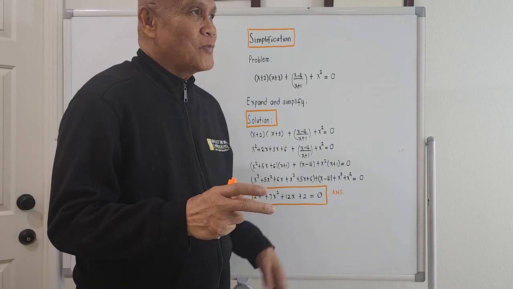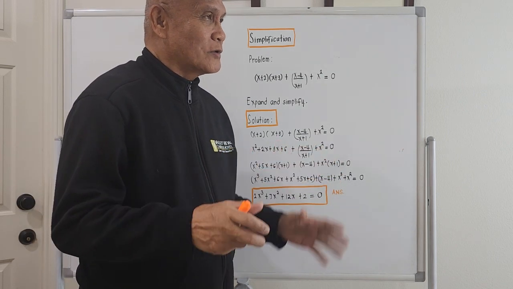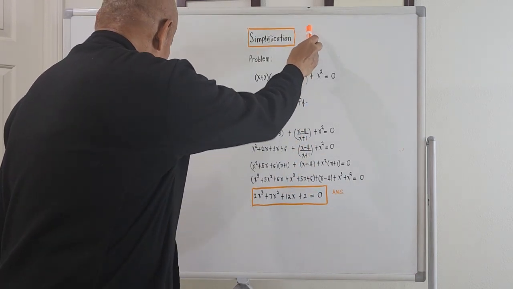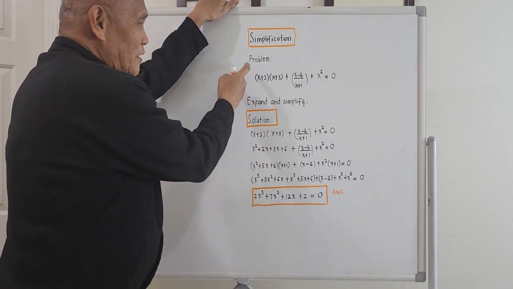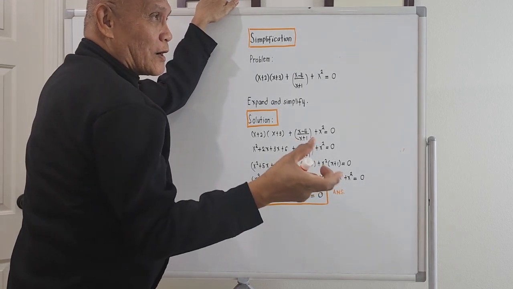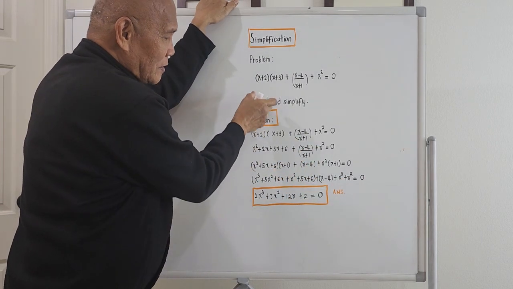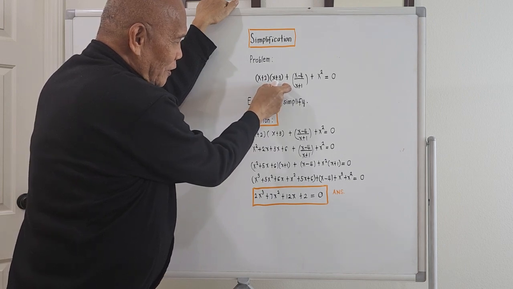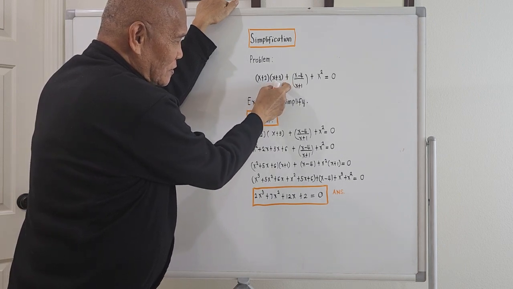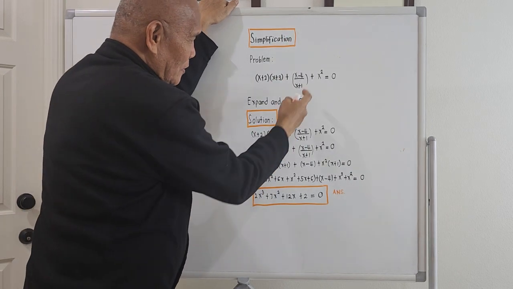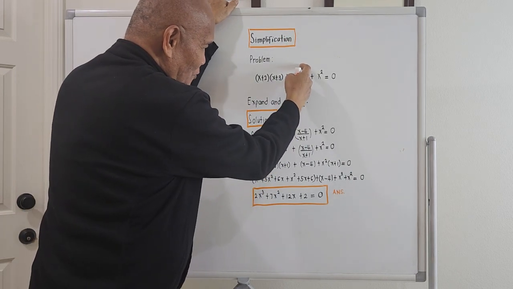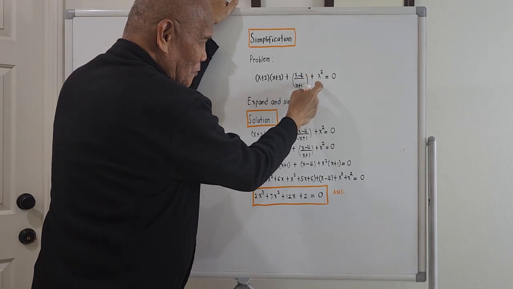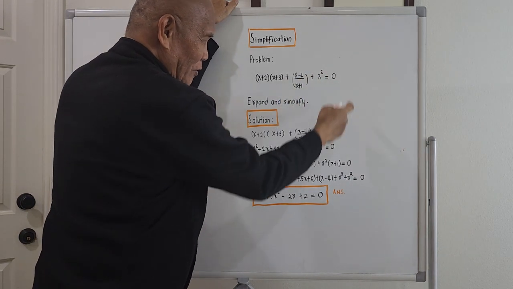It will just be a simple algebraic equation. The subject matter is simplification, and we are given the equation: quantity x plus 2 times quantity x plus 3, plus x minus 4 over x plus 1, plus x squared, and this should be equal to 0.